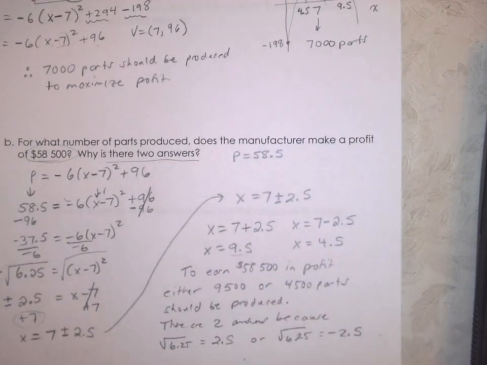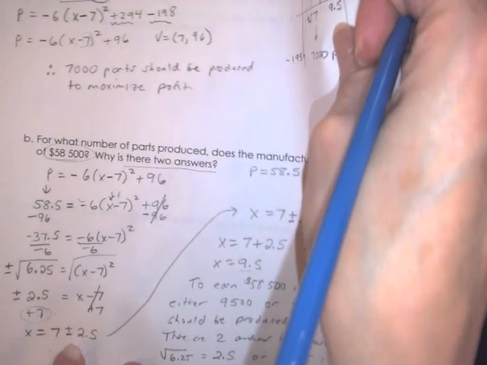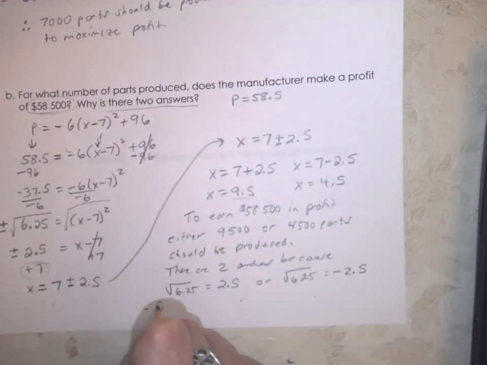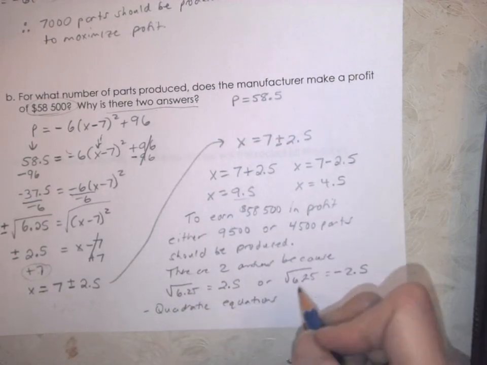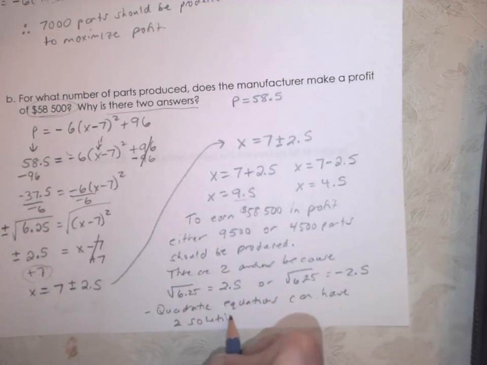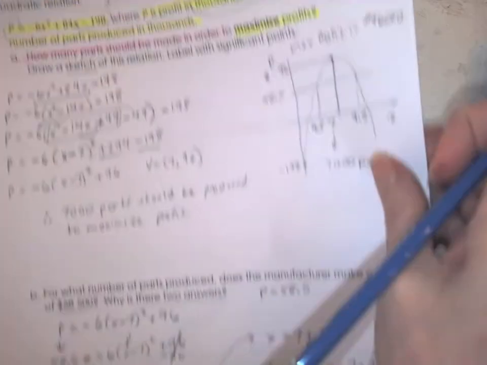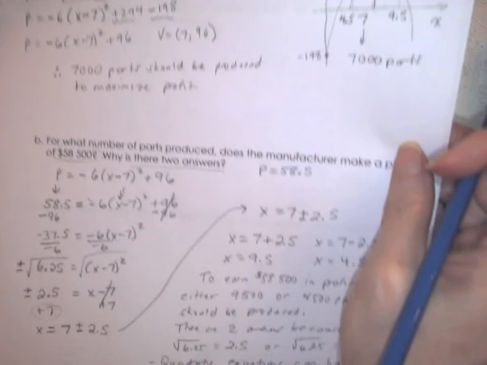Also, if you just think about quadratic equations, when their degree is 2, they can have two solutions. So in grade 9, we always talked about linear equations, so we didn't have an x squared, we just had x, and there was only one solution. In grade 10, equations that have an x squared in them can have up to two solutions. Okay?